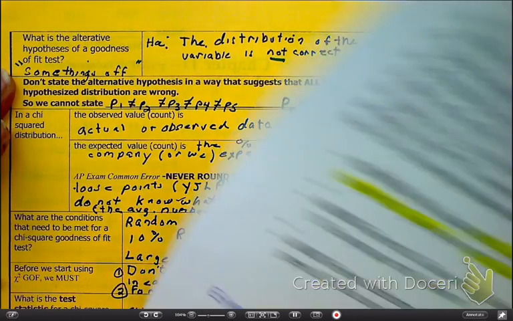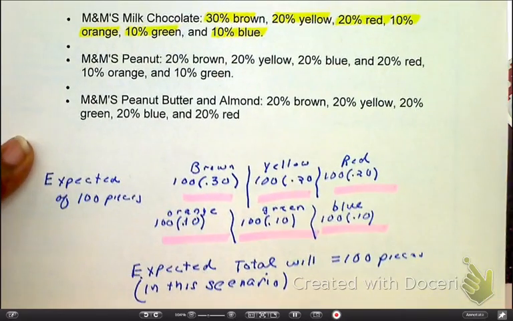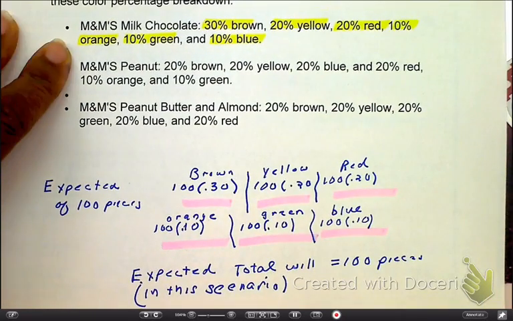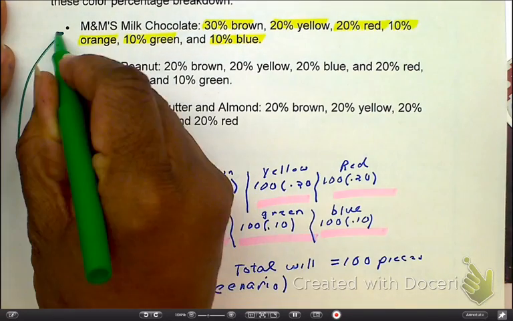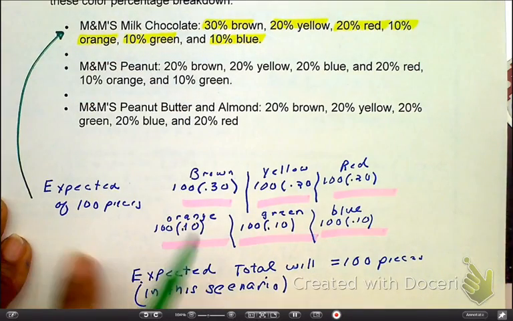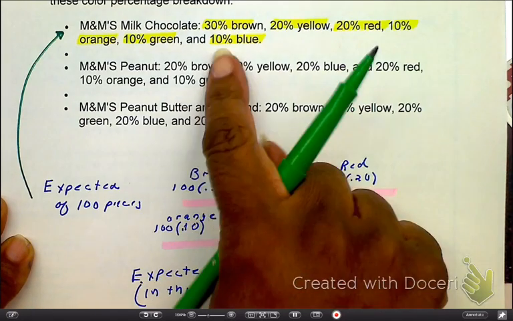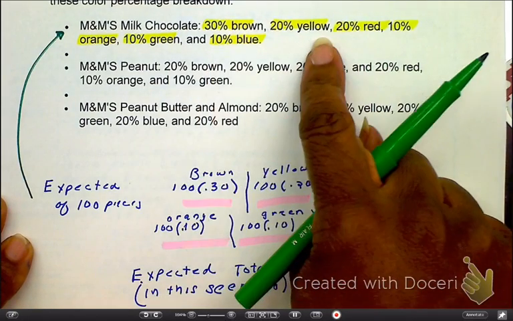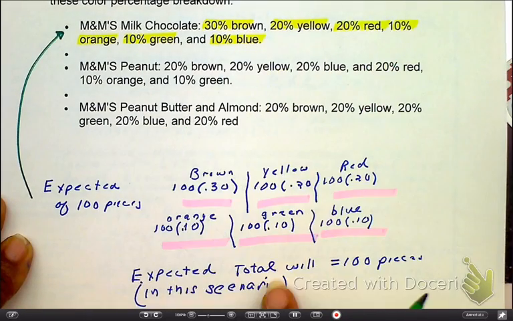So as an example, going back to the M&Ms, I'm looking at the milk chocolate ones. Let's say that I opened a bag of M&Ms and found that there were 100 pieces. They've stated that we have 30% brown, 20% yellow, 20% red, et cetera, up to 10% blue.